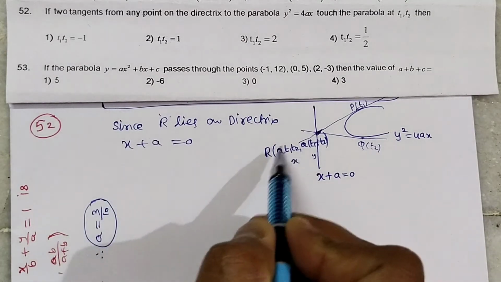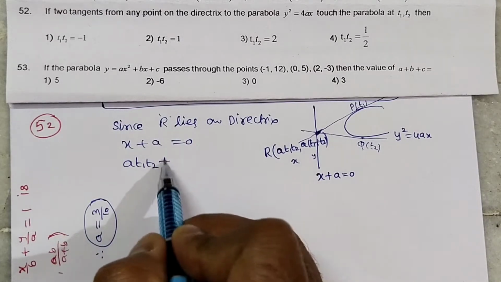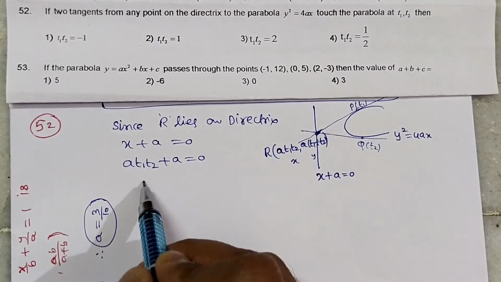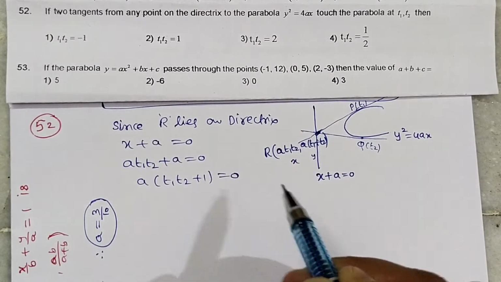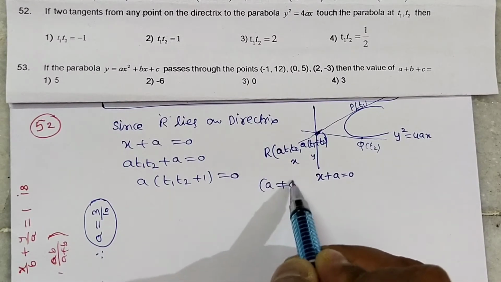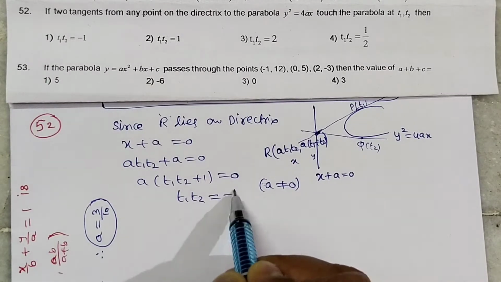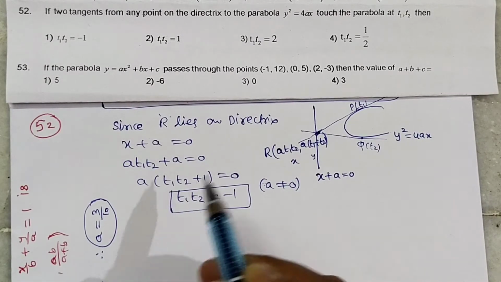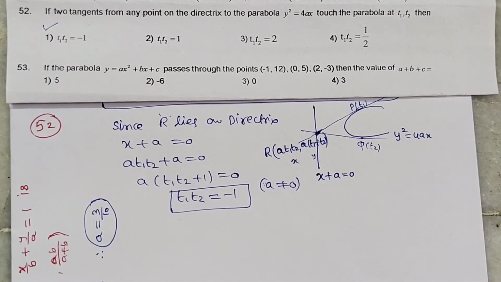In place of x, substitute a t1 t2, so a t1 t2 plus a equal to 0. Taking a common, t1 t2 plus 1 equal to 0. Since a is not equal to 0, obviously t1 t2 equal to minus 1. So t1 t2 equal to minus 1 is the first option.